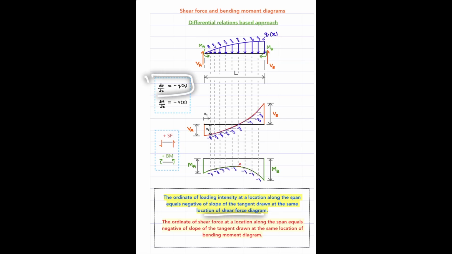This is the first equation here. The second one says the ordinate of the shear force diagram at a particular location equals negative of the slope of tangent drawn at the same location of the bending moment diagram. So we need to find the variation such that these relations hold. That's the overall idea.